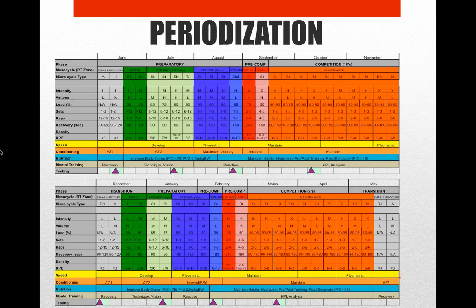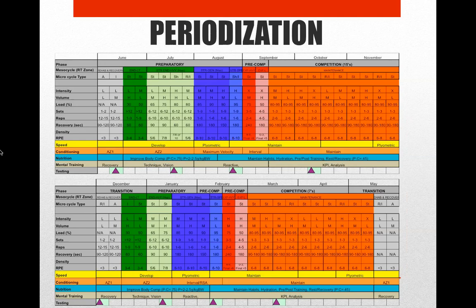All right. And just what we touched on earlier about having an annual plan. This is just a spreadsheet that I created for an annual plan for a college team that's competing. As you can see, it competes in 15s in the fall and 7s in the spring. I'm not saying that this is perfect by any means.